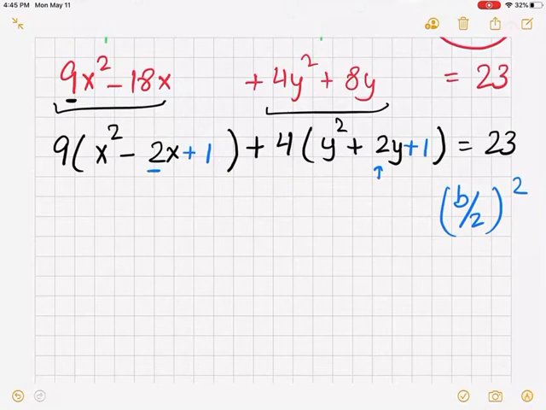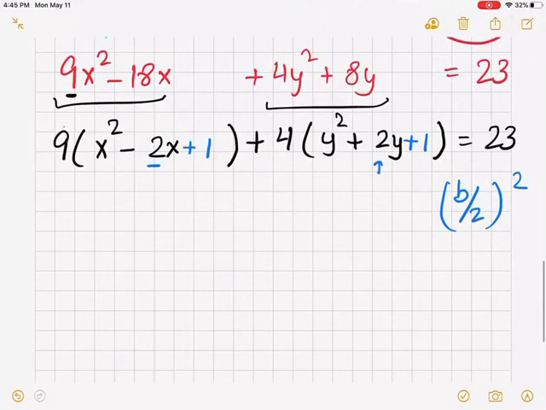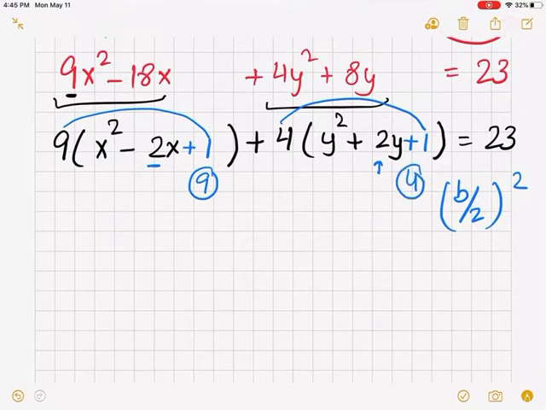Okay, this is something you need to understand. You just added something to one side of this equation, right? So in order to keep this equation in balance, you have to do the same thing on the other side. So what did I add on this side? Technically, I added 9 here, and I added 4 here, because don't forget, you need to distribute the a value first to see the actual number.